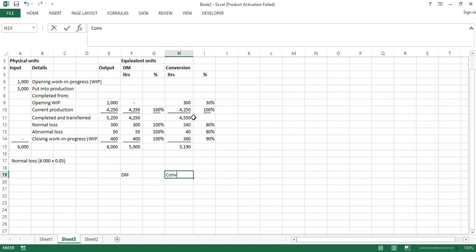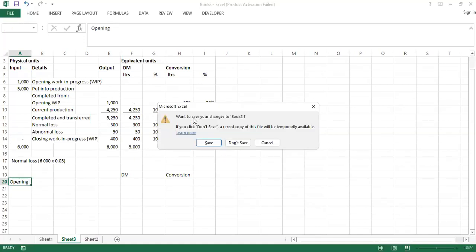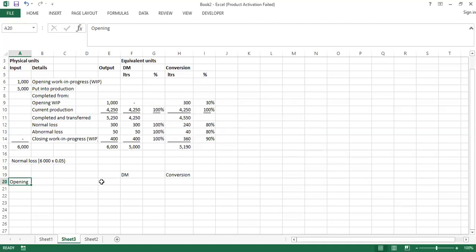Okay, so let's stick to that. And then we are going to want the opening work in progress, opening WIP there, and then we want the current production.